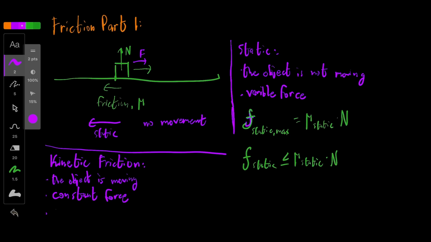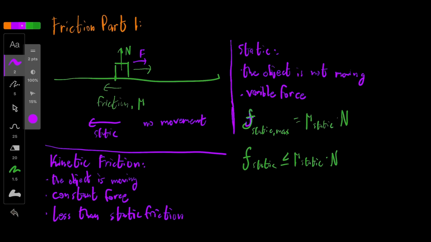But the thing with kinetic friction is it's less than static friction. Because, let's say, we just overcame the force of static friction. If kinetic friction was more than static friction, that means we would have to overcome another force to get it to move, because we haven't overcome that force.